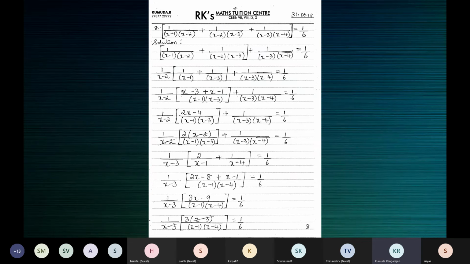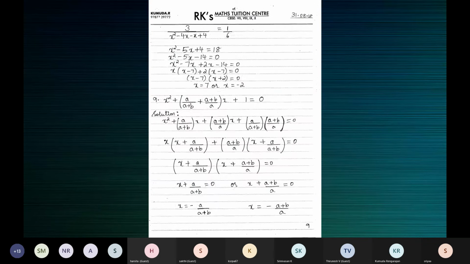We'll discuss this also in the next class. 2nd, 7th and 8th we'll discuss in the next class. I'm just showing you the answer, so you can go through once and be more clear when we understand in the next class. The answer ends here, so take a picture.